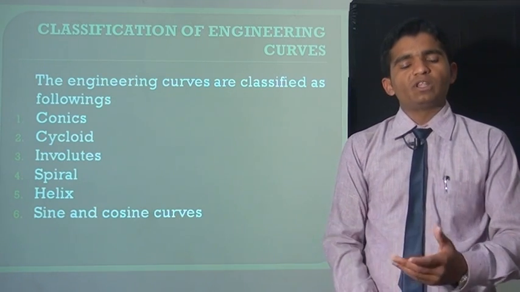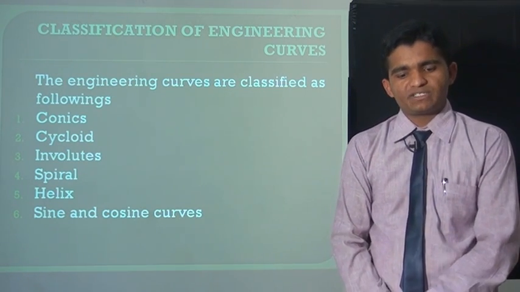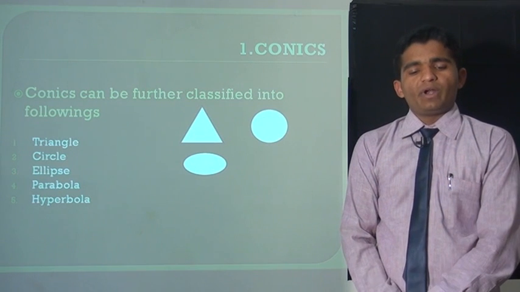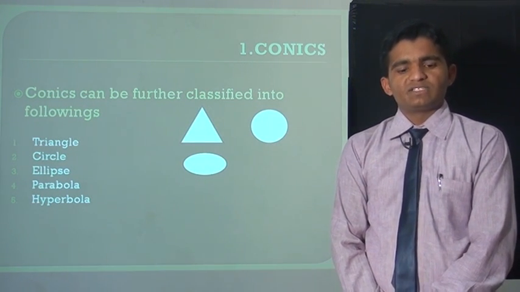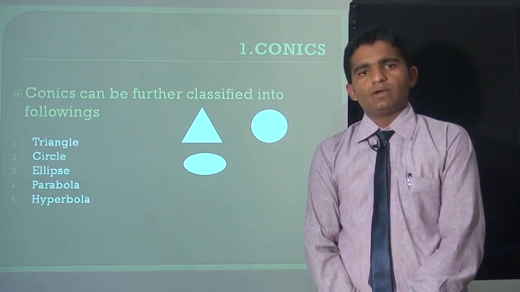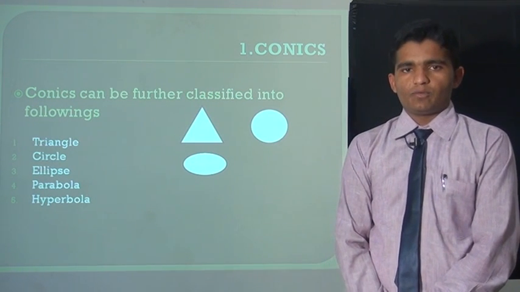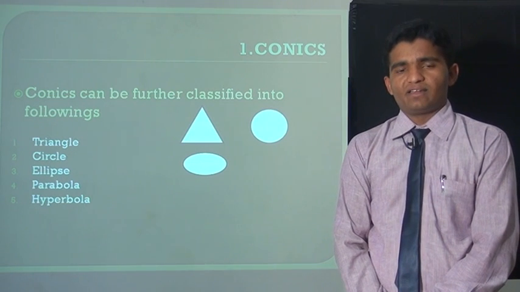Now let's move on to our next topic: conics. Conics can be further classified into the following: triangle, circle, ellipse, parabola and hyperbola. The first one is the triangle.